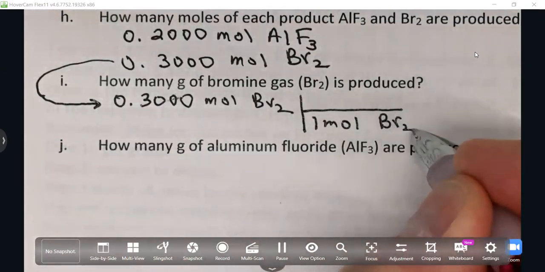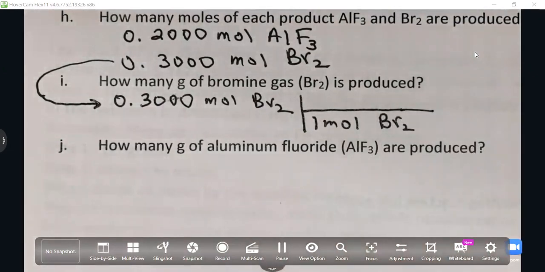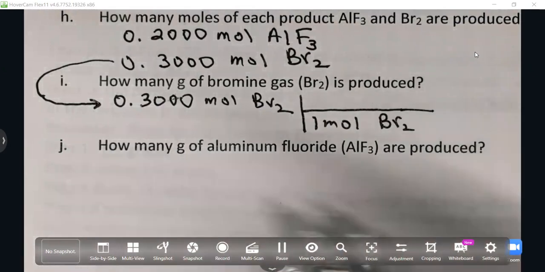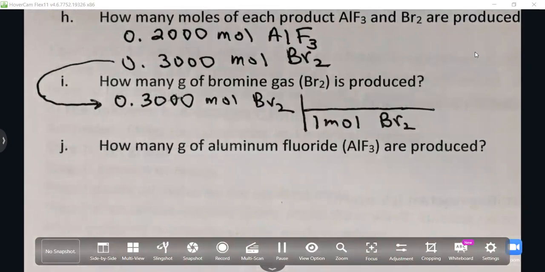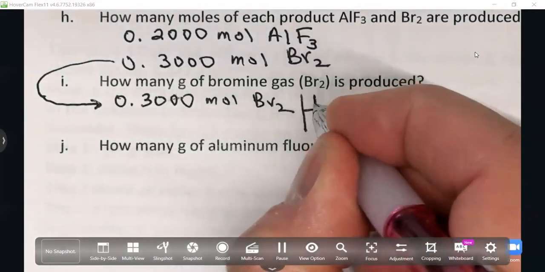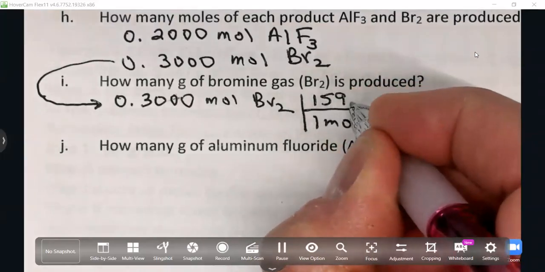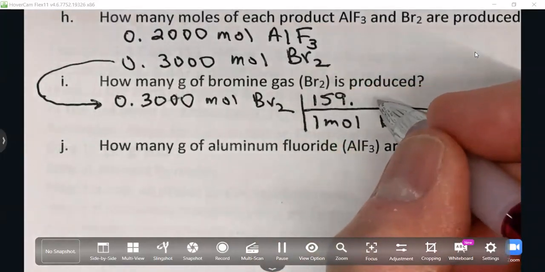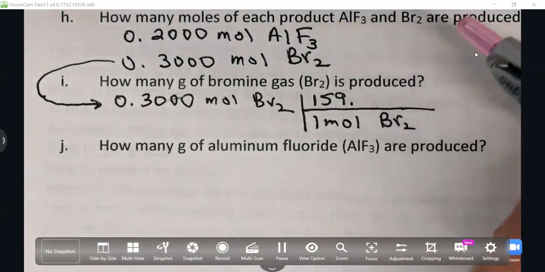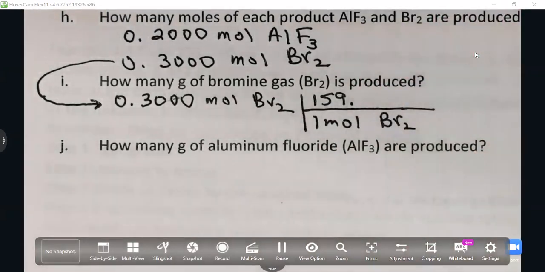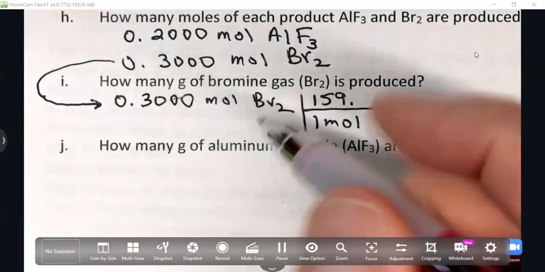One mole of bromine, how many grams? Check your periodic table. Multiply 1 bromine times 2. How many grams? 159.81 or 80?